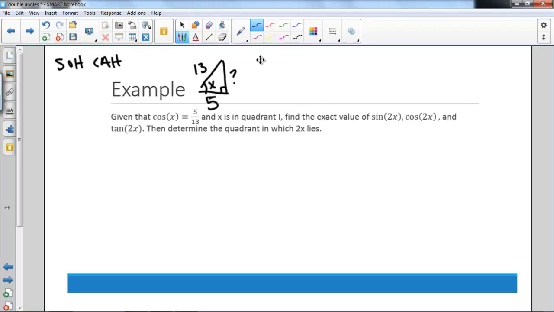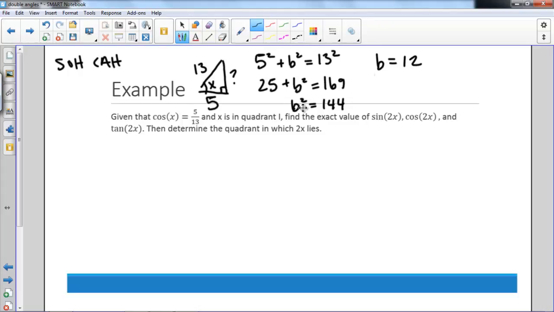So using the Pythagorean theorem, I'm going to have 5 squared plus b squared equals 13 squared. 25 plus b squared equals 169. And this is going to give me b squared equals 144. So now I know that the other side is going to equal 12.